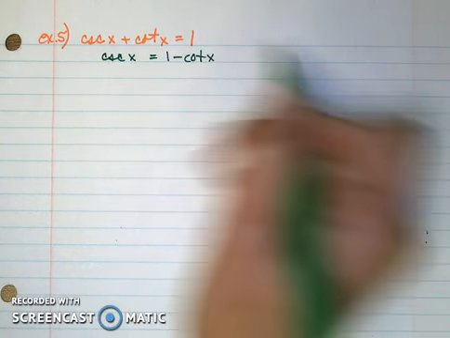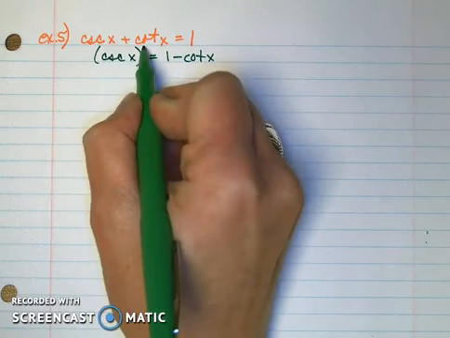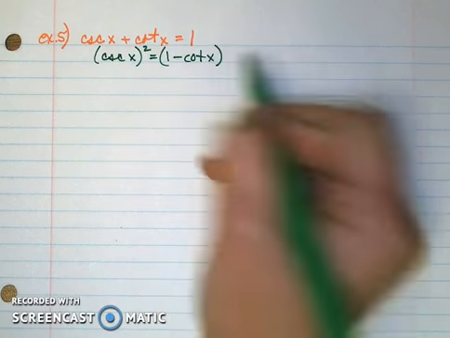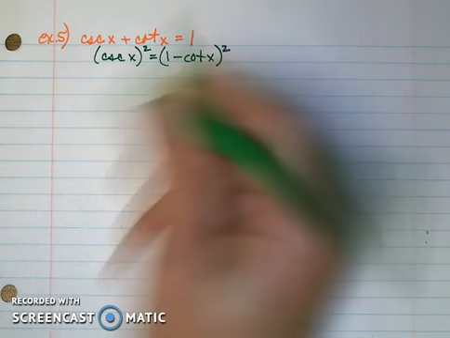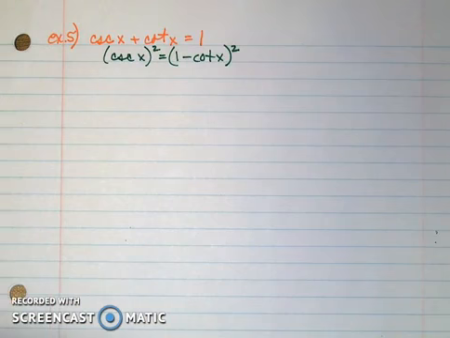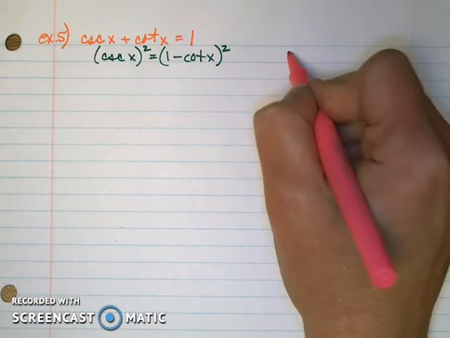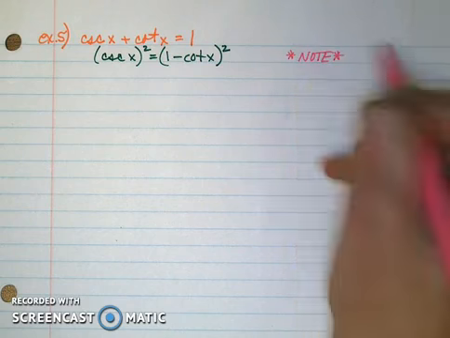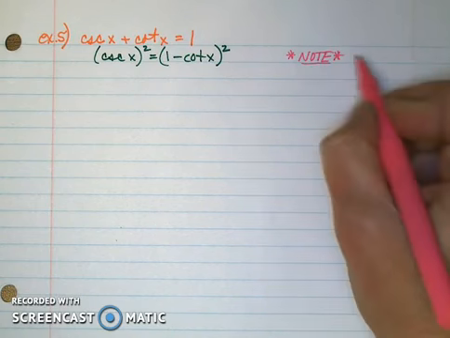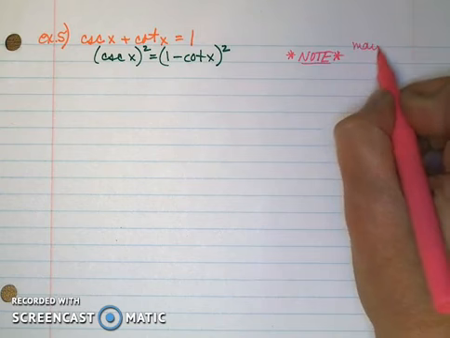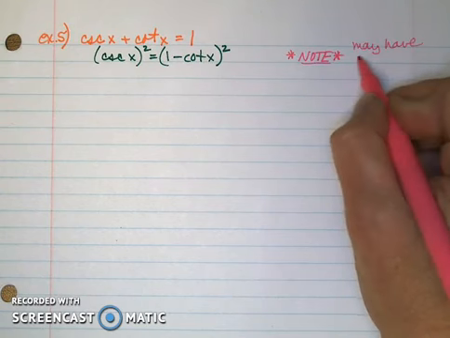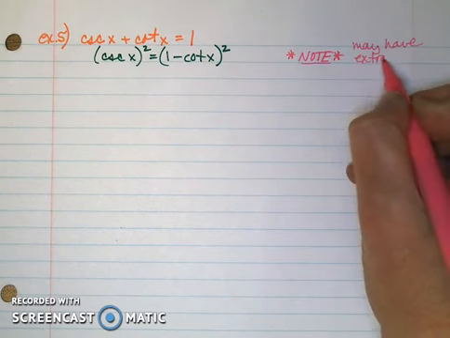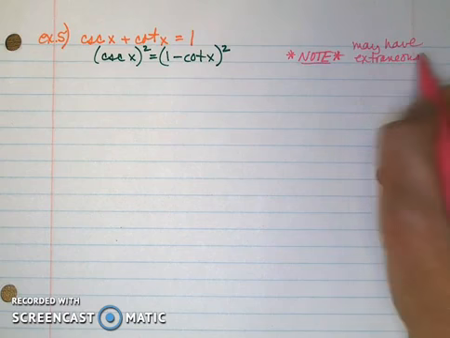Now, if I square both sides, I do need to remind myself that if I'm squaring, I may have extraneous solutions.